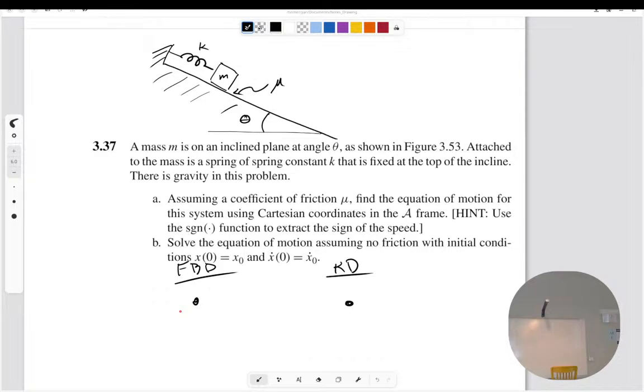Definitely not static. This thing's going to be bouncing all over the place. But in the free body diagram, if the spring is pushing, does it matter?